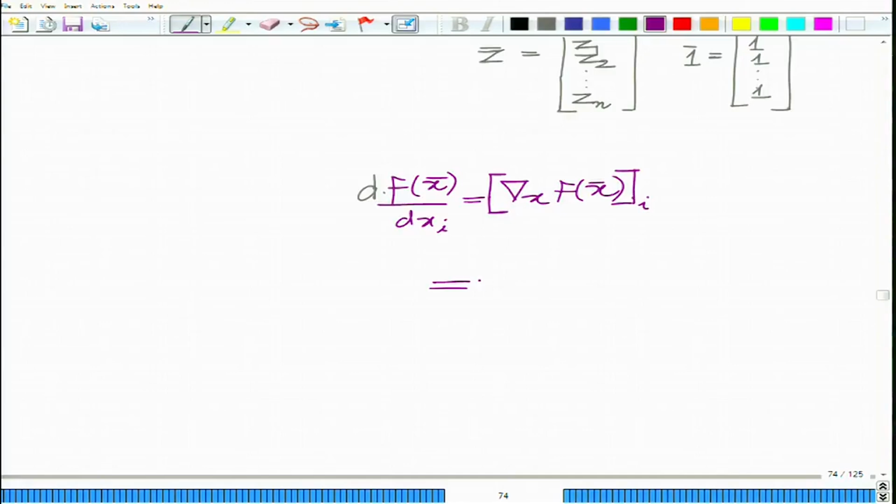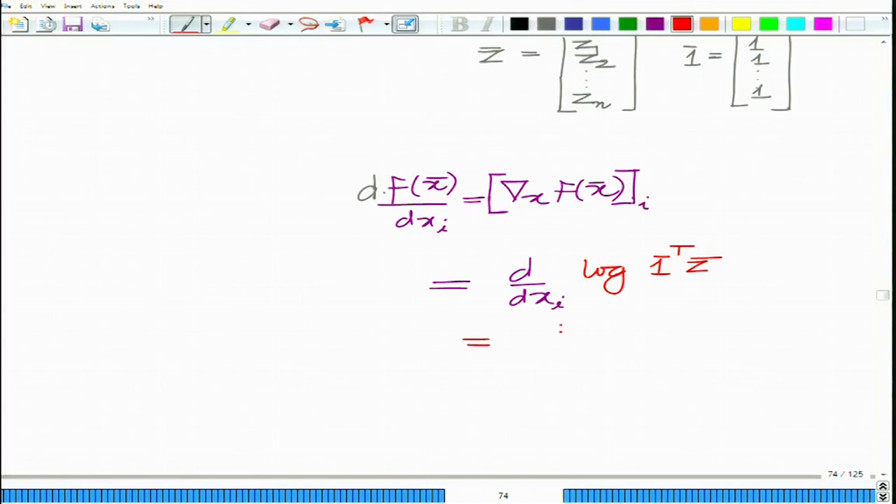That would be the derivative with respect to xi of log of 1 bar transpose z bar.